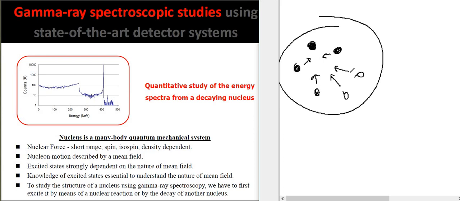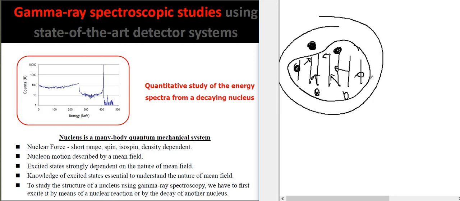Now in the case of mean field, what we do is we consider all the effects of the interactions of all the other nucleons and sum it up as an average potential. So overall the result is that the particle is basically moving in a simple single-body quantum mechanical potential, just an average potential.